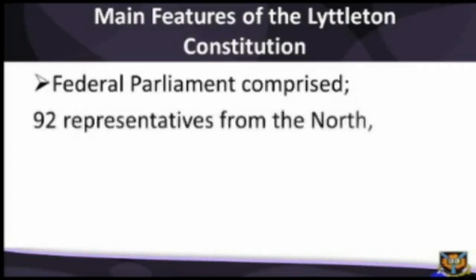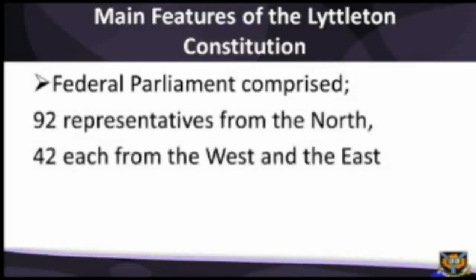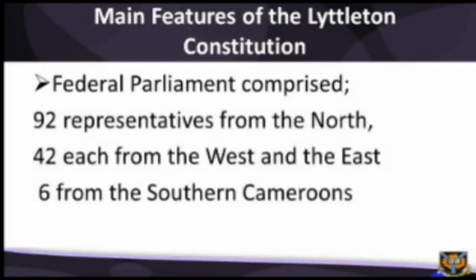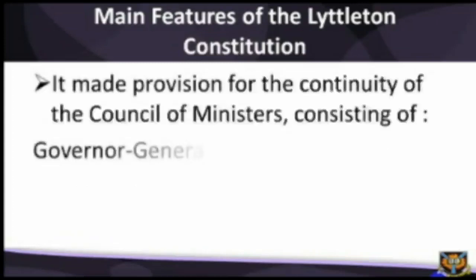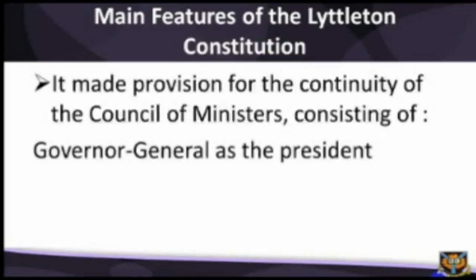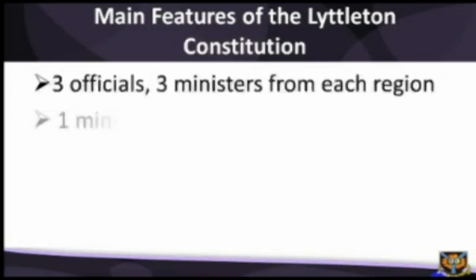The federal parliament comprised 92 representatives from the north, 42 each from the west and the east, 6 from the southern Cameroons, and the rest 2 from Lagos. The Constitution made provision for the continuity of the Council of Ministers, consisting of the Governor-General as the President, 3 ministers from each region, and 1 minister from the southern Cameroons, appointed by the Governor-General on the advice of each regional executive.